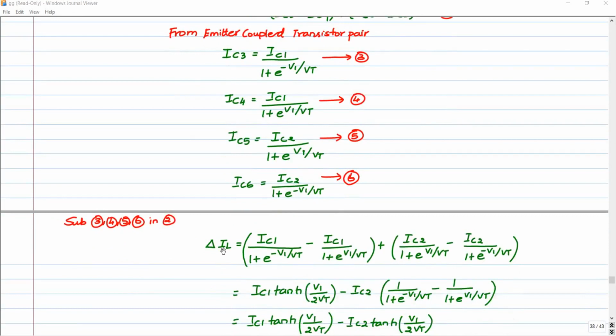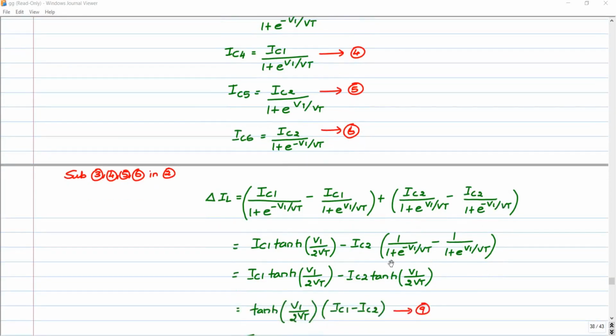So I will get del IL is equal to IC1 divided by 1 plus e power minus V1 divided by Vt, minus IC1 divided by 1 plus e power V1 divided by Vt, plus IC2 divided by 1 plus e power V1 divided by Vt, minus IC2 divided by 1 plus e power minus V1 divided by Vt.